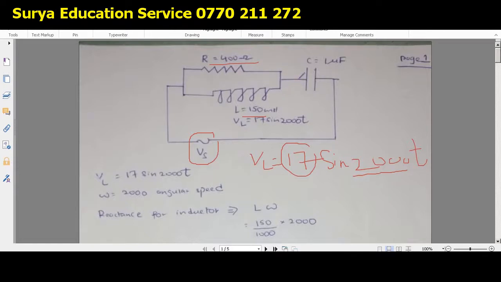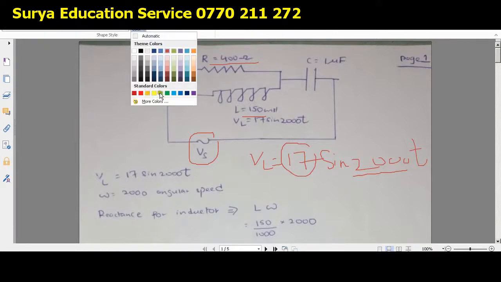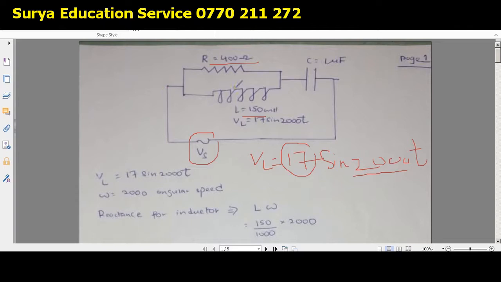I think so. Now our target is to evaluate the individual current through each of these components. So we are going to calculate the current through this resistor, and also the current through this inductor, and then the current through the capacitor, right?